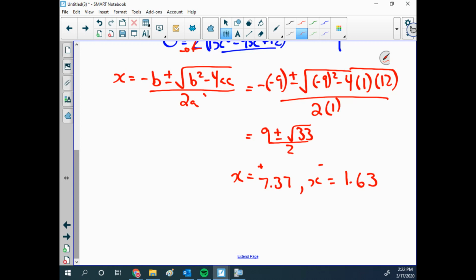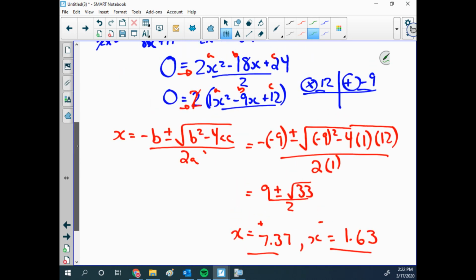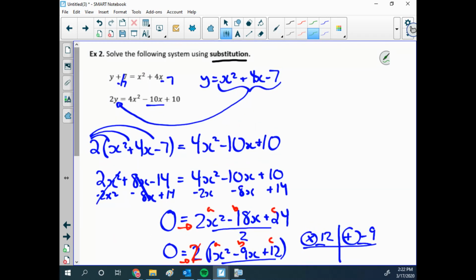Okay, so there's my 2 answers. Now, I'm not finished this question because I need to take that information and solve for the full point of intersection. All I've done up to this point is say what the x coordinate of the intersection is. So 7.37 and 1.6, I need to go find the full point.